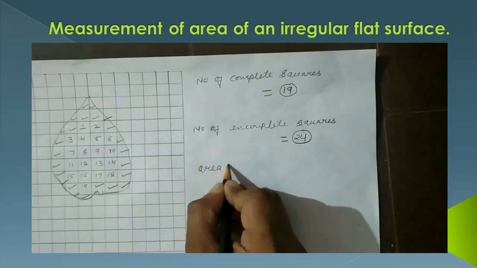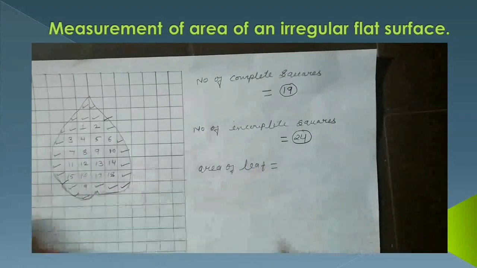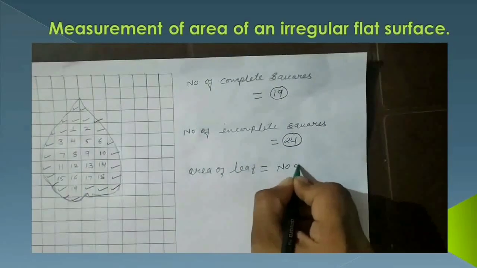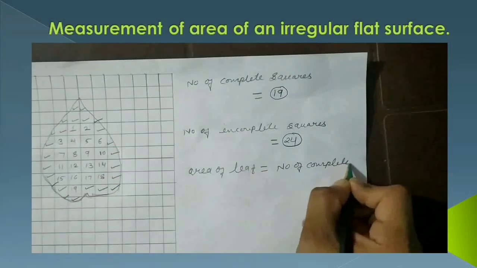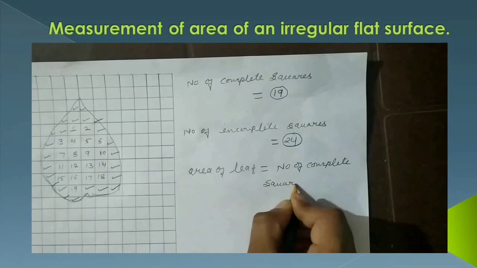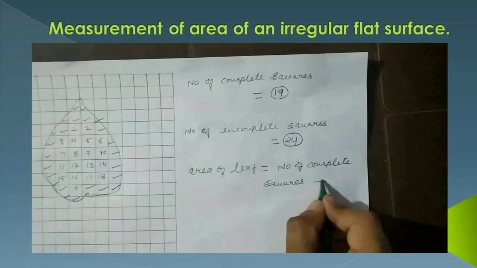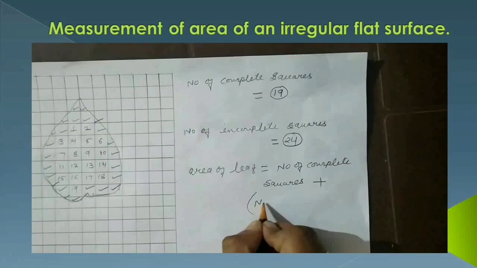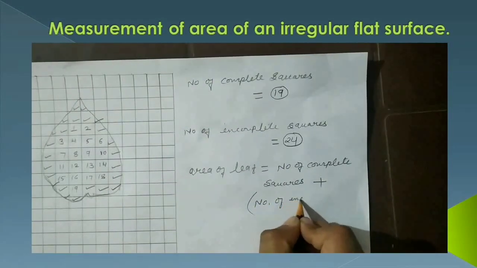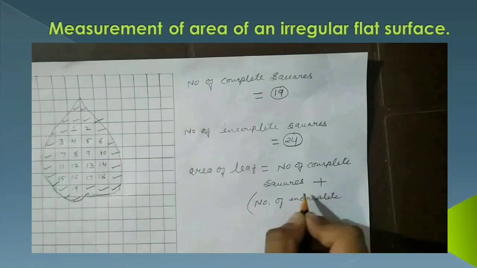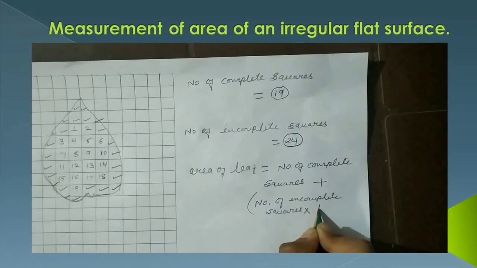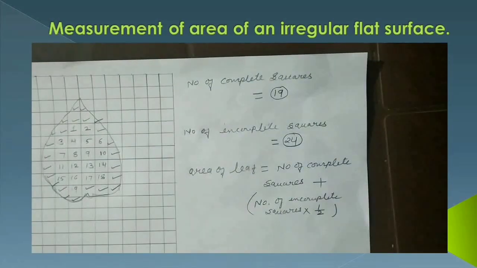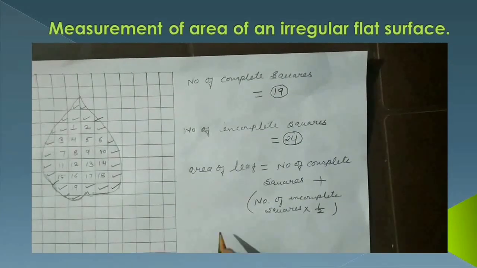The area of the leaf is equal to the number of complete squares plus the number of incomplete squares into half. This is the formula we use to find the area of any leaf. Now we will put the values.